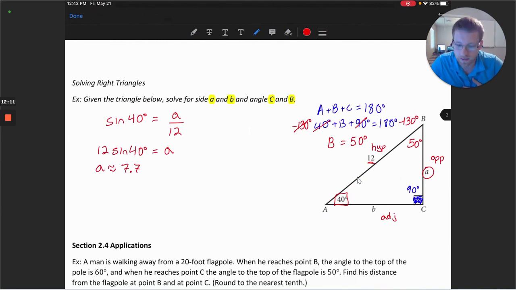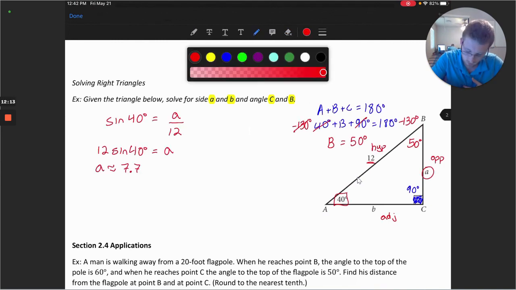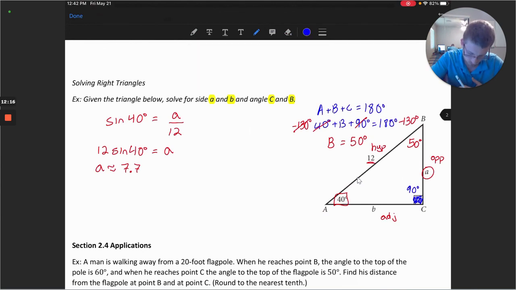If we want to stick with that same angle, we can use the cosine function to solve for our adjacent side B. So if we do the cosine of 40 degrees, that would be the adjacent side divided by the hypotenuse. So we'd have cosine of 40 is equal to B over 12, or 12 times the cosine of 40 degrees is equal to the B side.